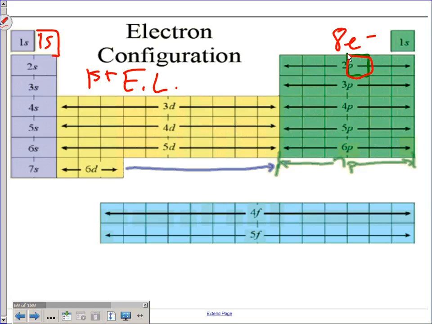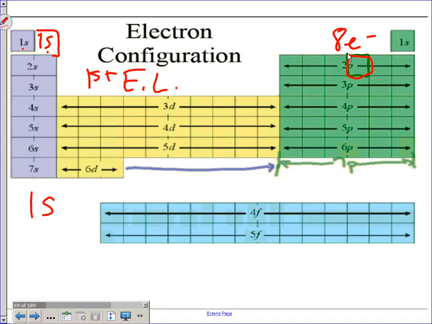The letter there, S, means that I'm dropping an electron in the S orbital. So I'm going to say 1s. I'm trying to write out the electron configuration. How many electrons can I account for right here? 2. 1, 2. Because every time I move forward in the periodic table, am I not adding a proton?